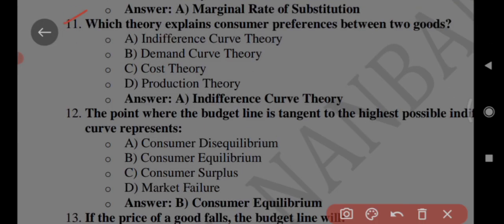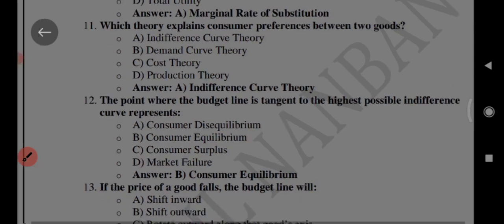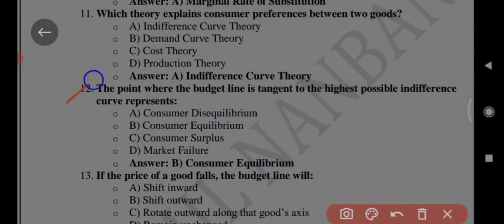Which theory explains consumer preferences between two goods? Answer is option A, indifference curve theory. The point where the budget line is tangent to the highest possible indifference curve represents option B, consumer equilibrium.